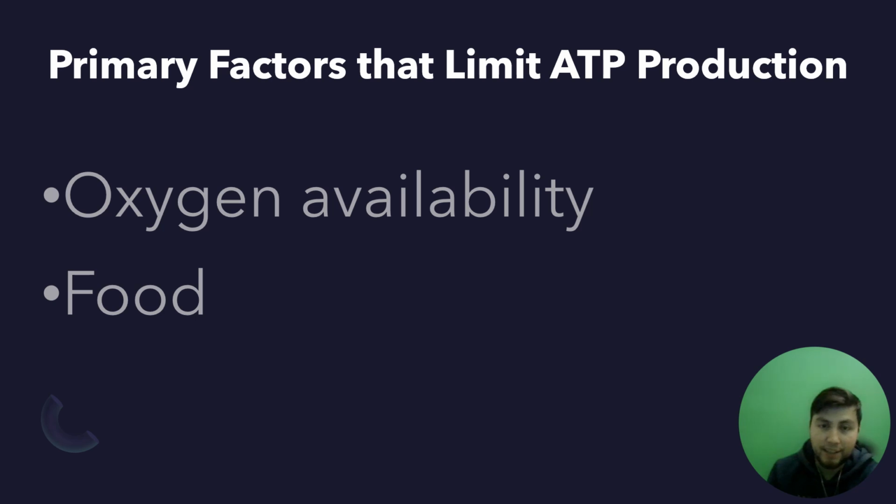You're not gonna be able to get out of bed. You're not gonna be able to go and do what you gotta do. So obviously, food is a big source of energy that can limit ATP. Oxygen as well. You obviously have to have oxygen to make ATP. Because if you're not breathing, if you don't have access to oxygen, ATP is going to be limited.